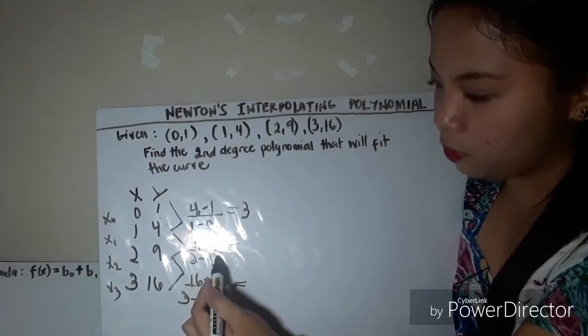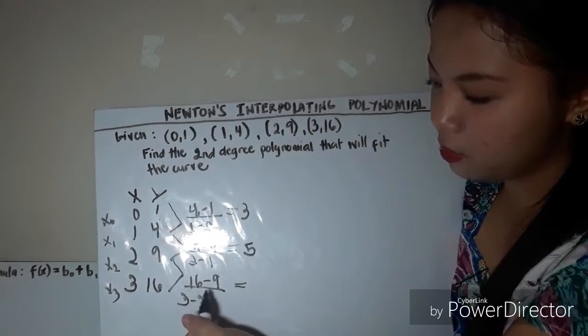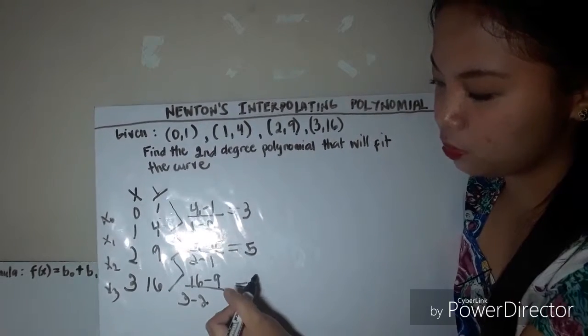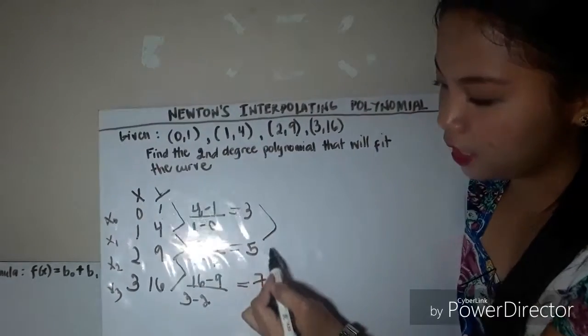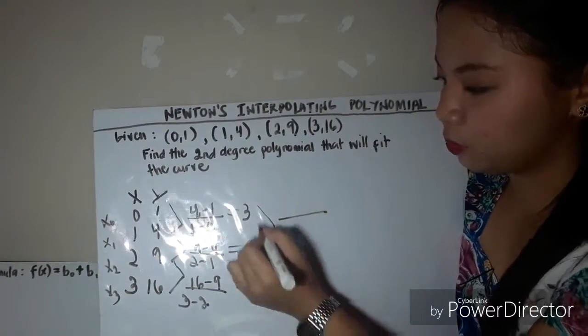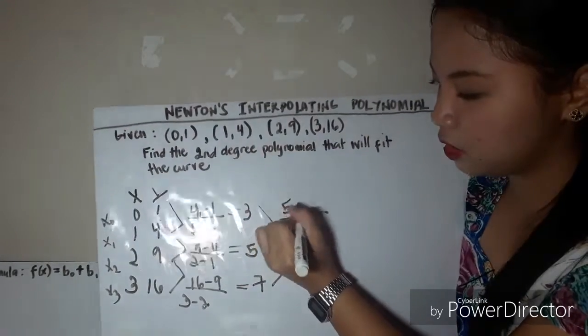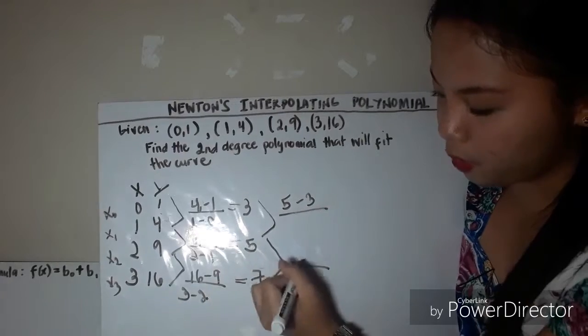Then 9 minus 4 over 2 minus 1 is equal to 5. And 16 minus 9 over 3 minus 2 is equal to 7. Combining these again, the numerator is 5 minus 3 and 7 minus 5.